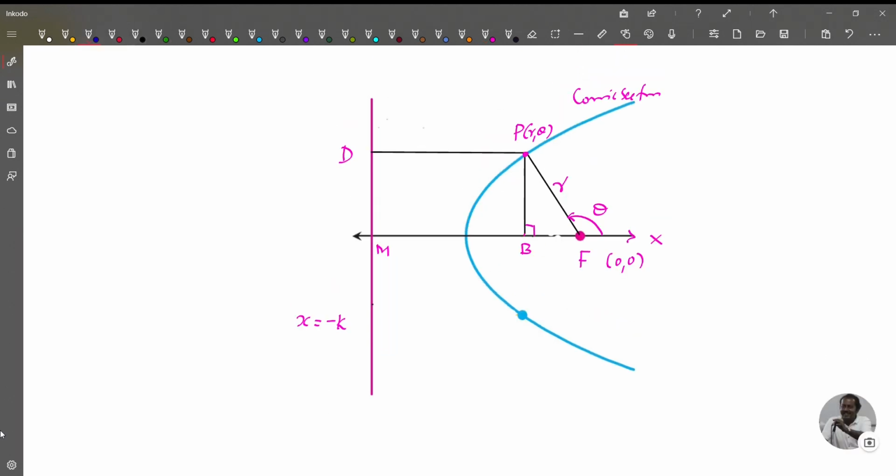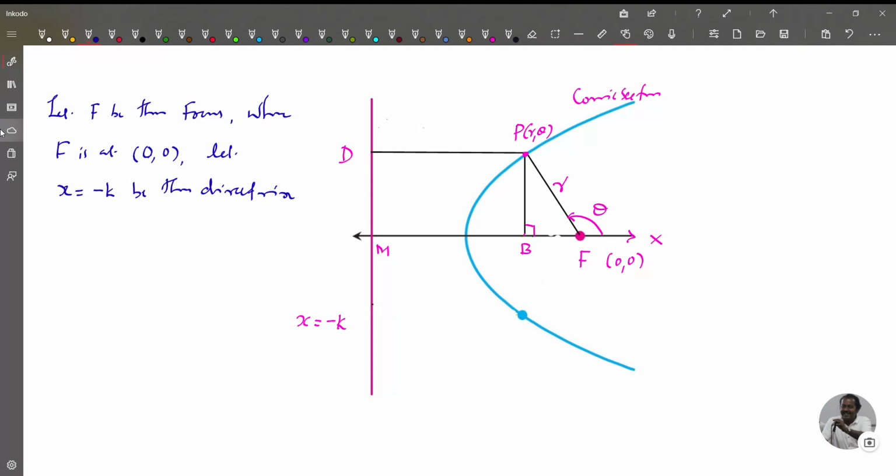Let F be the focus, where F is at the origin 0, 0. Let x equal to minus k be the directrix.